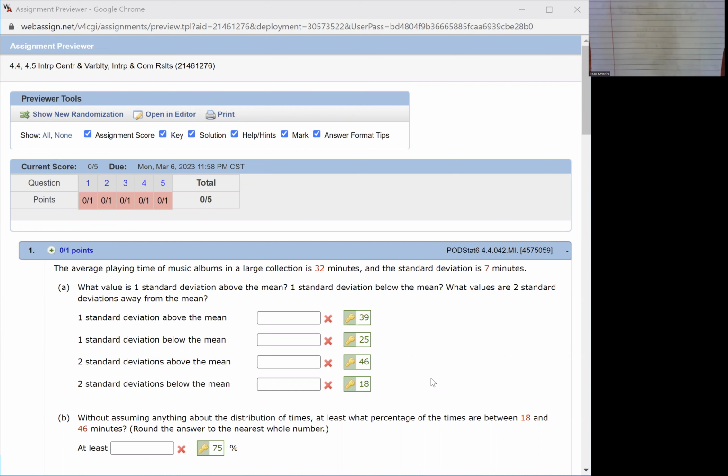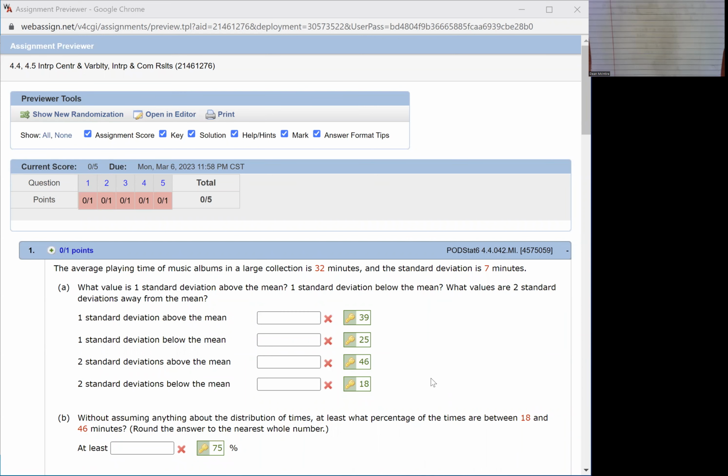Now, the empirical rule requires that the distribution be normal, not skewed to the right or to the left. It's zero skewed, normal.